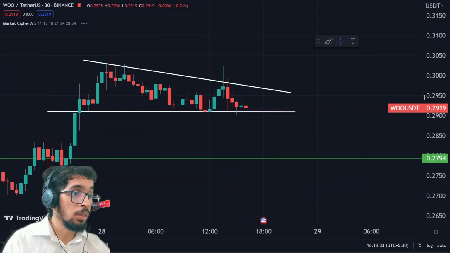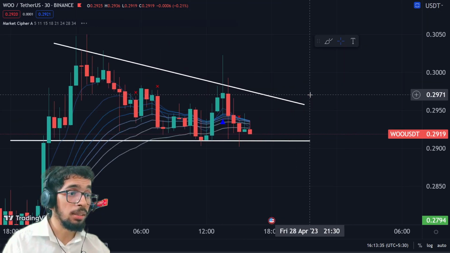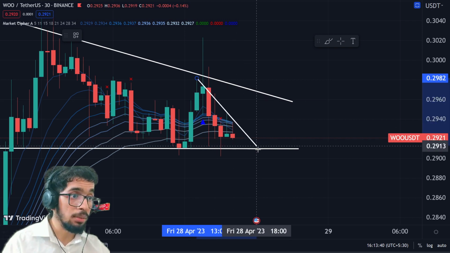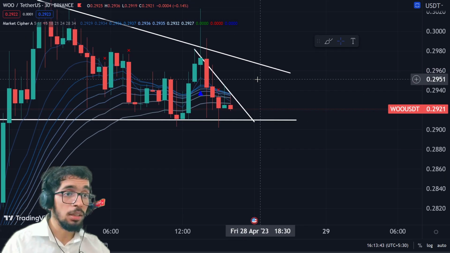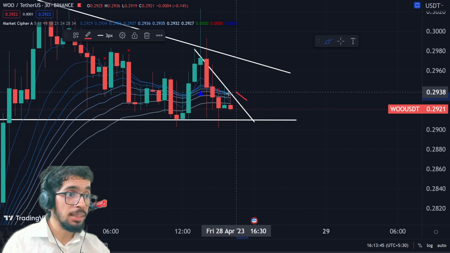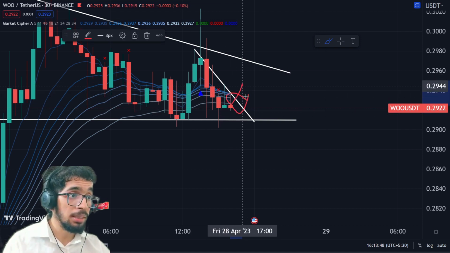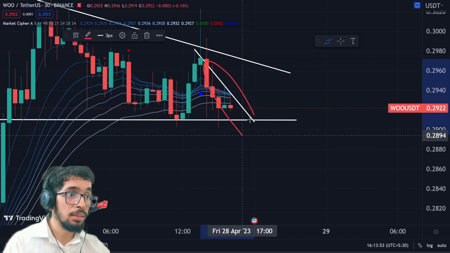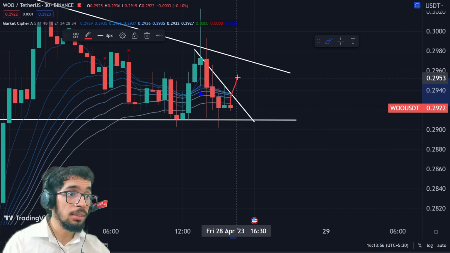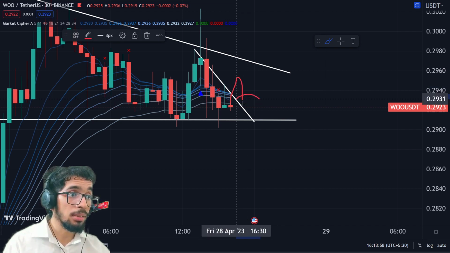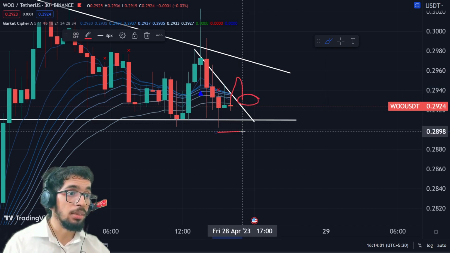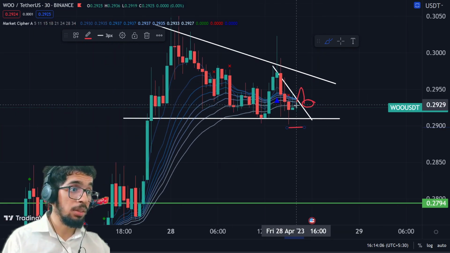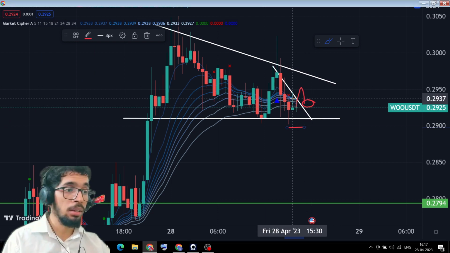Once the Wu chart breaks this key resistance and makes support, we enter all our longs right here, and we put a stop loss right here. So if it keeps going up and breaks, we need to wait for it to make support, then we enter, because this is bullish.